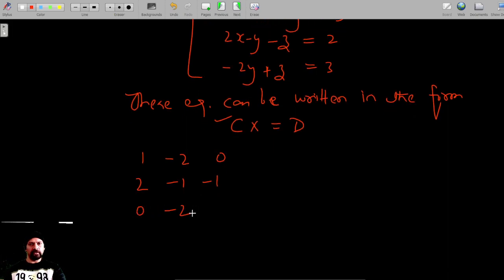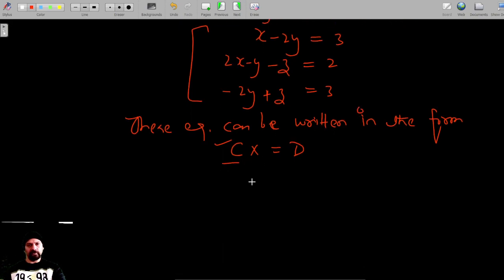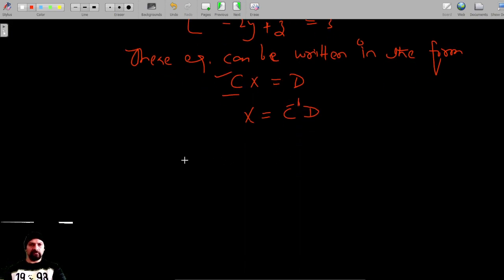This is 0 minus 2 and 1. So this is C, and X is the column of variables. So these equations can be written in the form Cx is equal to D, and X is equal to C inverse D.